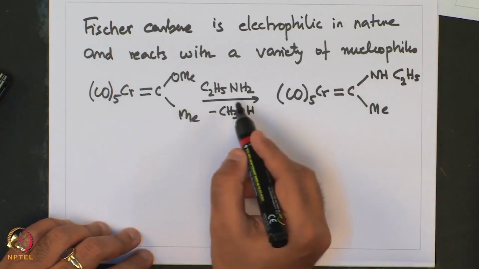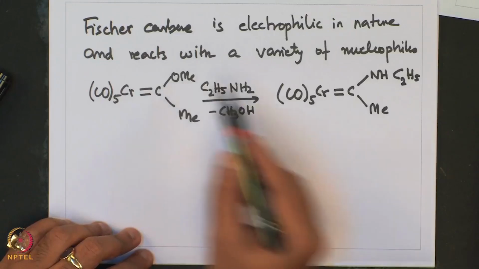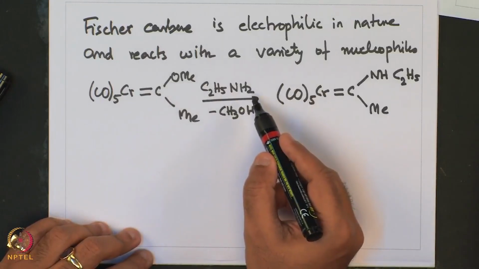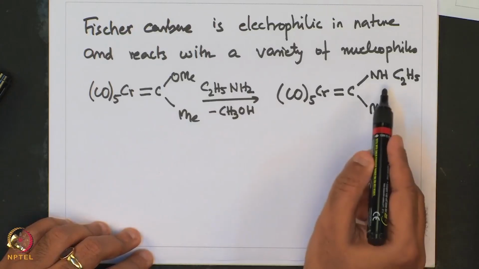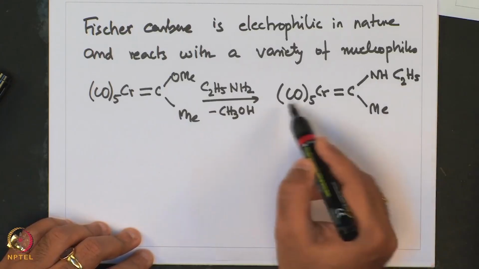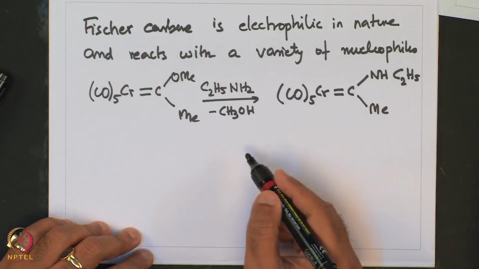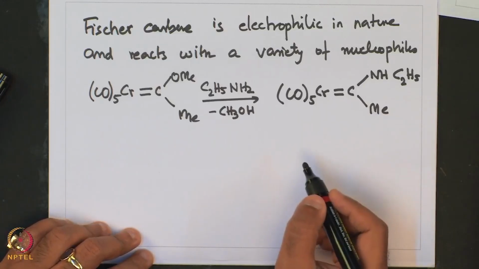So, what we see over here is that the O-methoxy has been protonated by this amine to release methanol, and this complex of the Fischer carbene is observed.